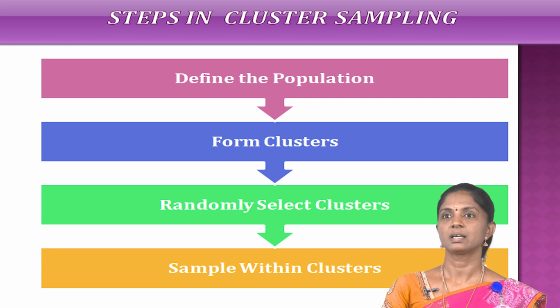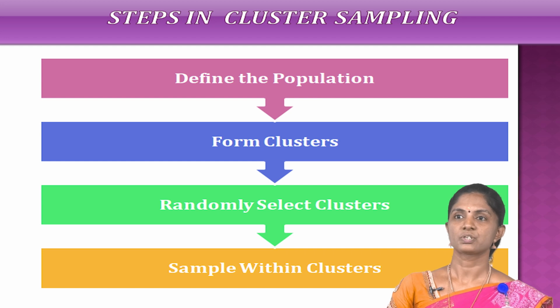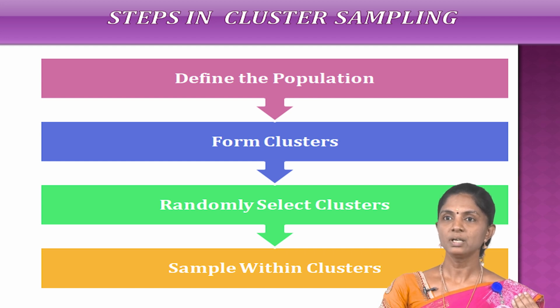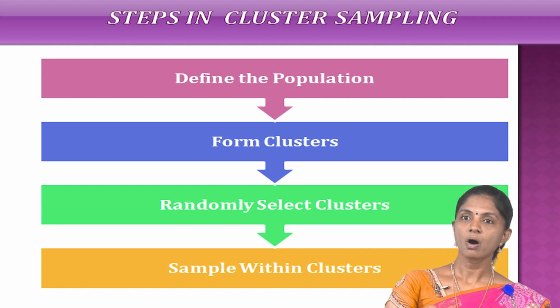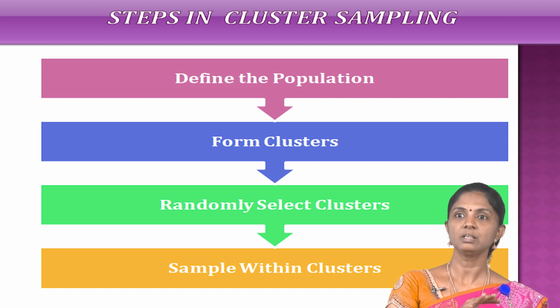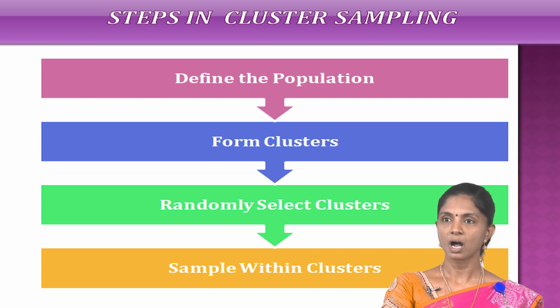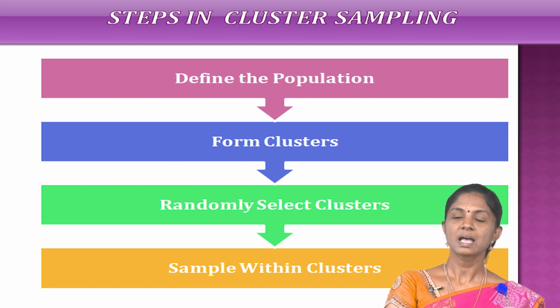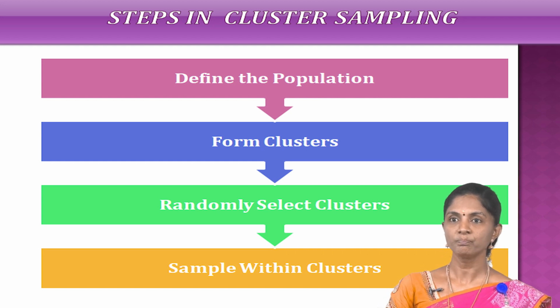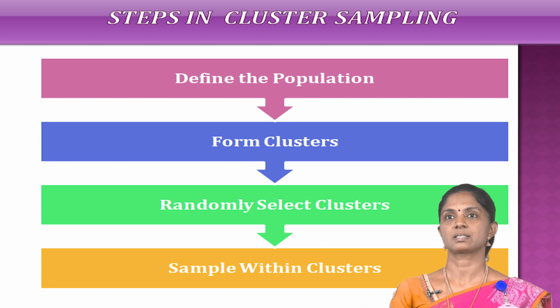Randomly select a number of clusters from the population. Sample within cluster: either survey all individuals within the selected cluster or randomly sample individuals from within these clusters.